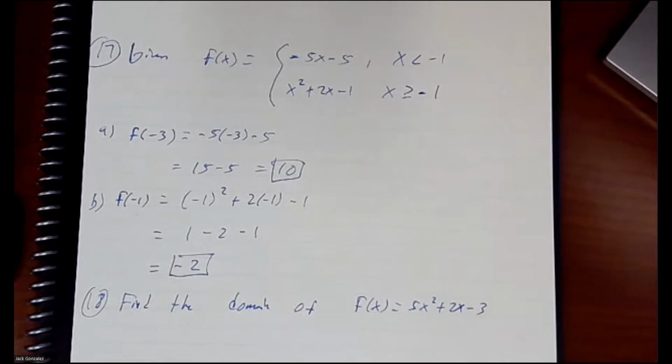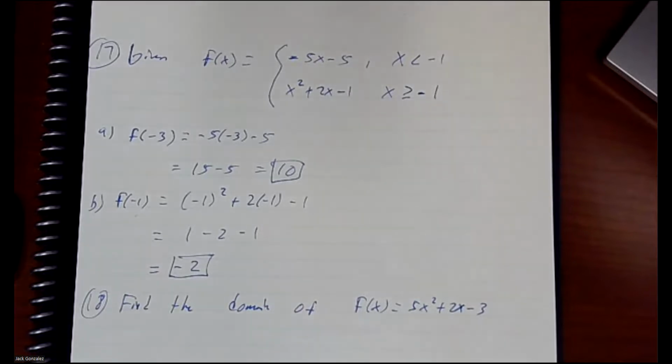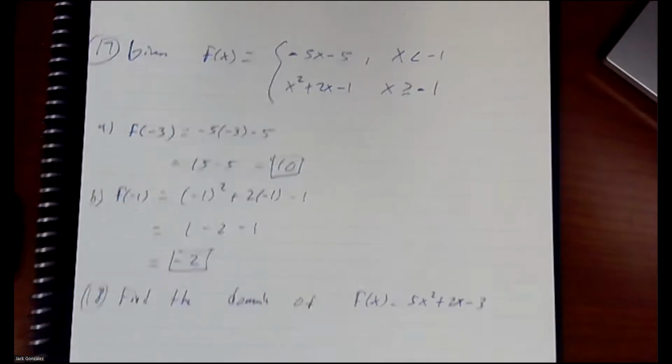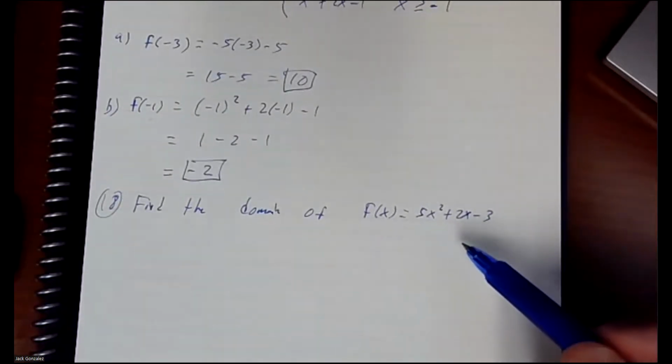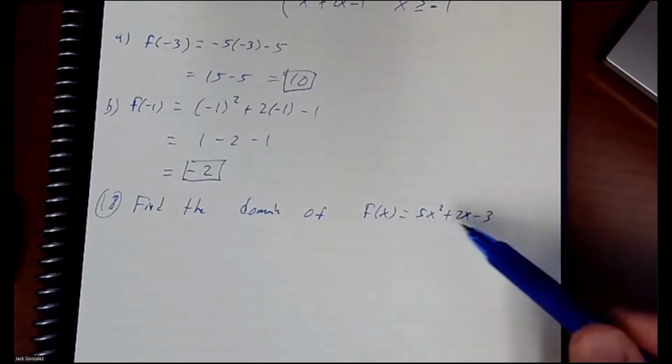18 says find the domain of the function. Well, remember we said whenever you're doing domain for any function, figure out what you're not able to plug in. And here you can plug in whatever you like. So that means the domain is everything.